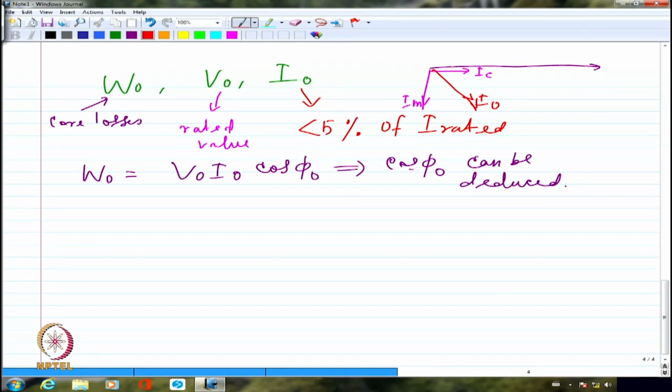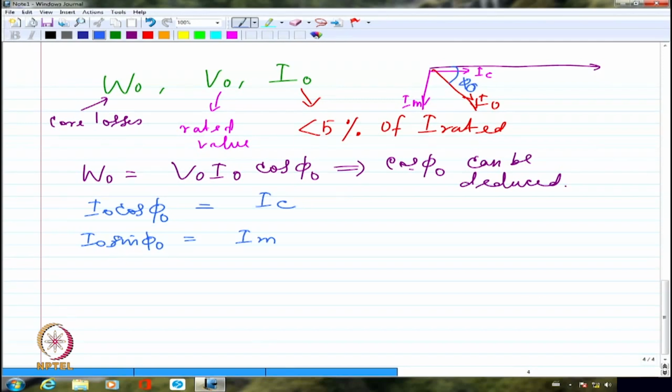And this is phi naught. If this is phi naught, I should be able to say that I0 times cos phi naught will be IC and I0 times sin phi naught will be IM. Right?